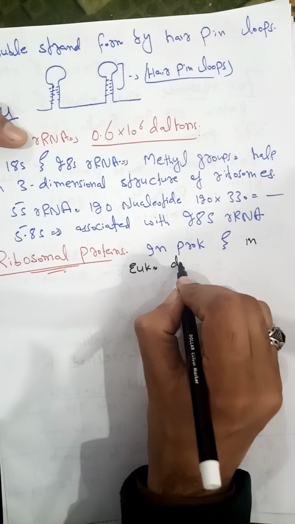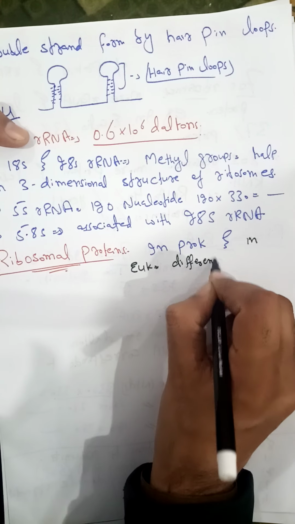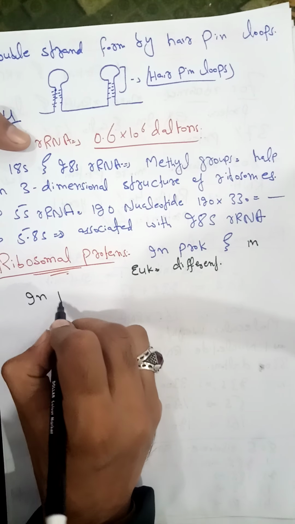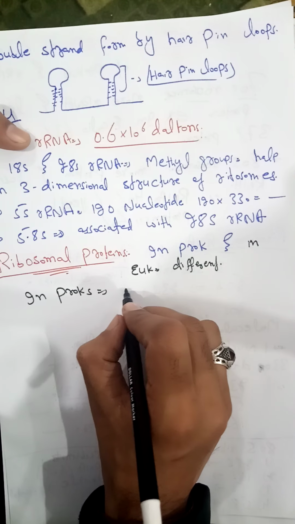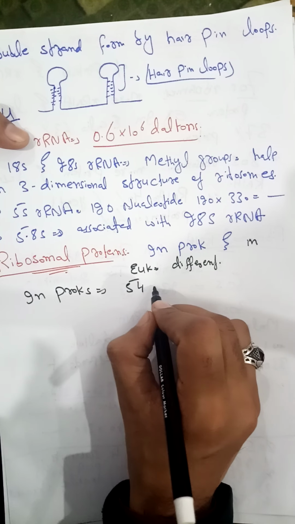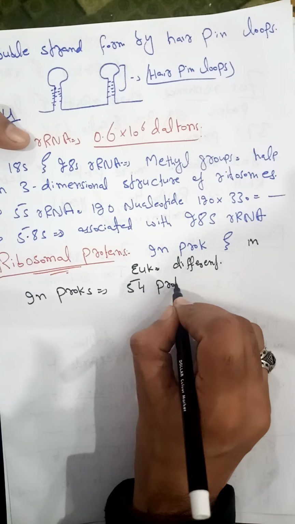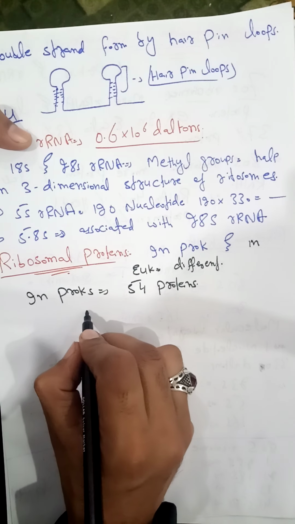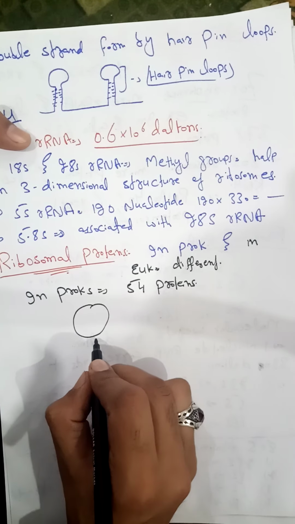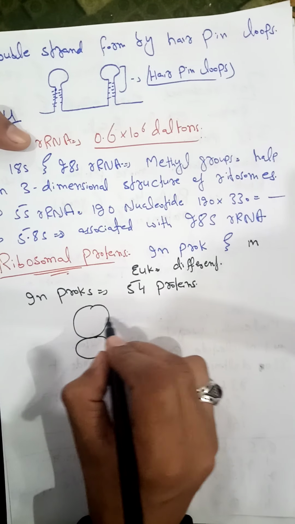For example, in prokaryotes, as we have said, there are 54 proteins. These 54 proteins are further present in the larger subunit and in the smaller subunit.